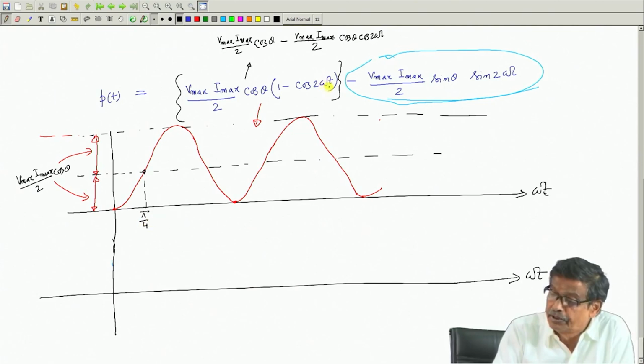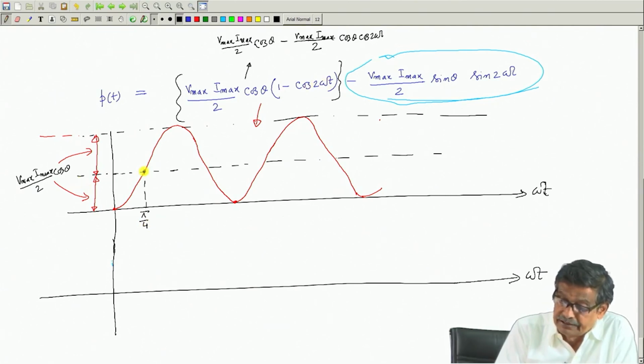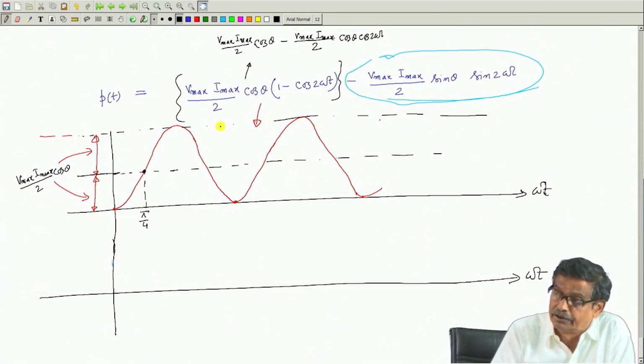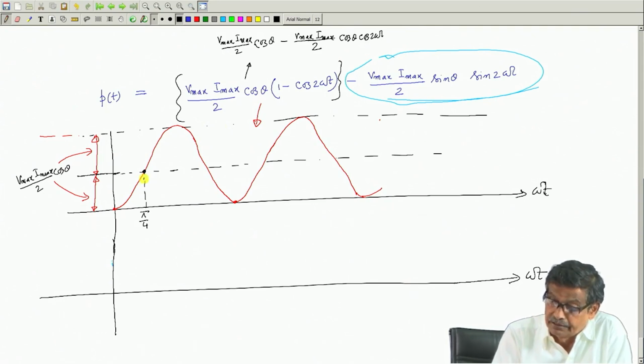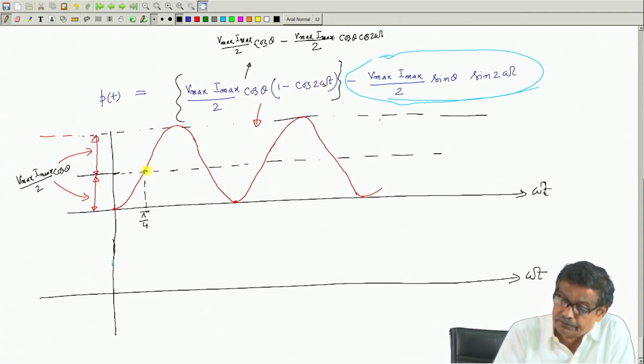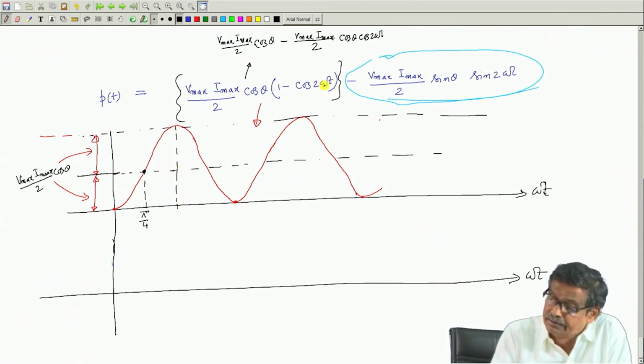At pi by 4, if you put, it is pi by 2, cos is 0, and at this point the value is V max I max cos theta by 2.